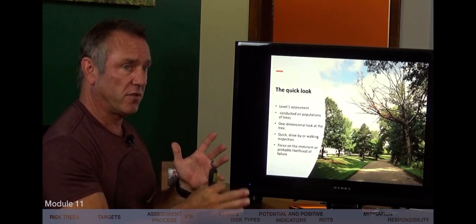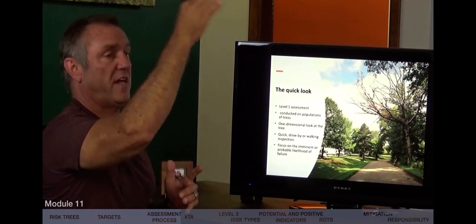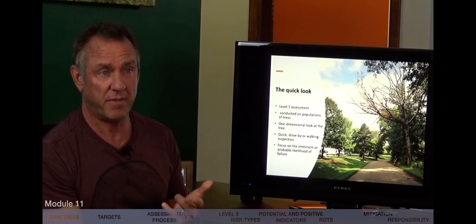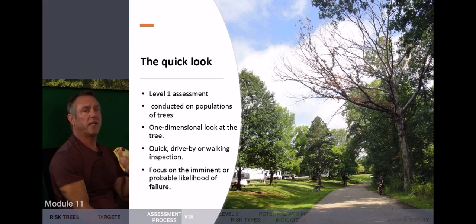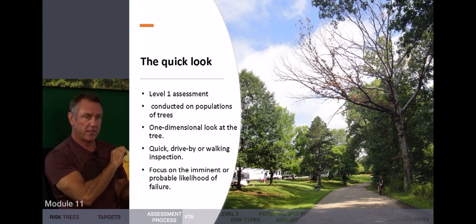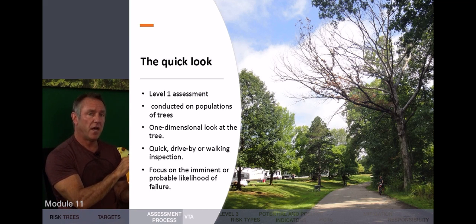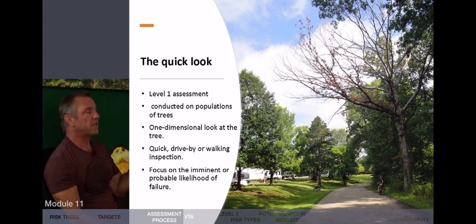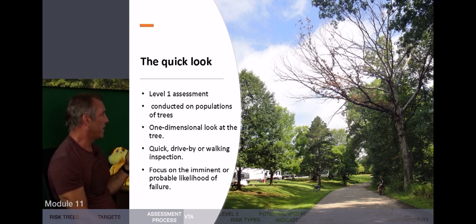They're one-dimensional, usually drive-by, or they can be flyovers in the application of vegetation management for utilities, or they can be walking down the sidewalk with a clipboard and assessing the tree very quickly for those imminent likelihoods of failure. So that's level 1. That's what I call the quick look.